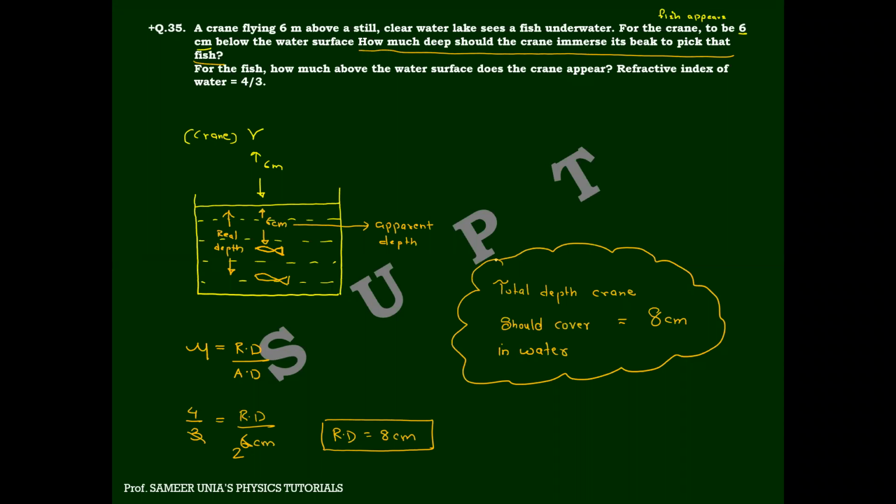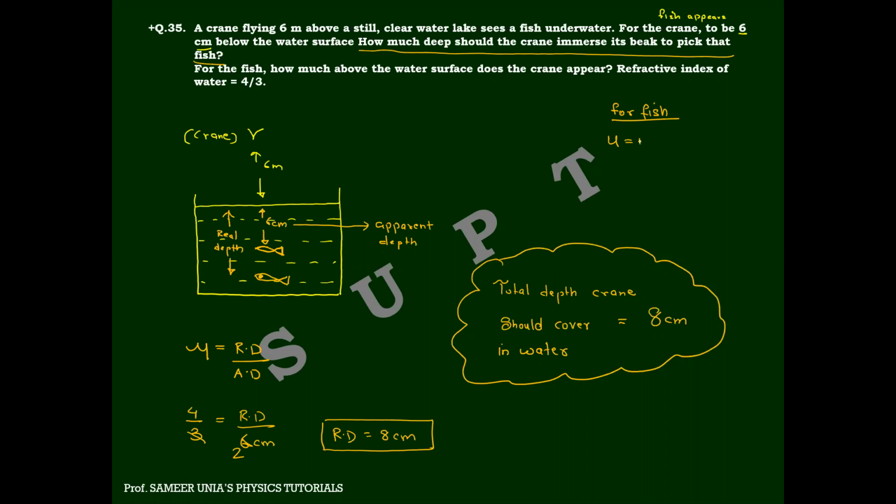For the fish, how much above the water surface does the crane appear? तो fish जो यहां से देख रहा है, अब किसको देख रहा है? क्रेन को देख रहा है. क्रेन का real depth कितना है पानी के बाहर? 6 meter.